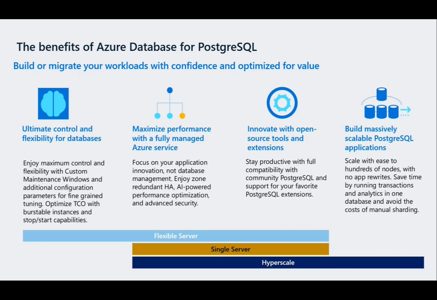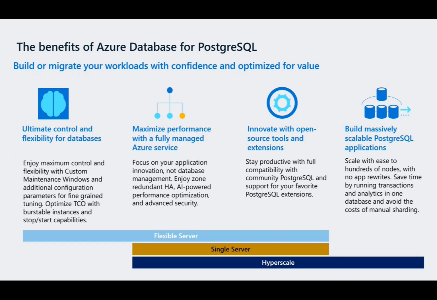You get a fully managed service with redundant HA, AI-powered performance optimization, and advanced Azure security. You get the open source engine, open source tools, and open source extensions that give you full compatibility with open source PostgreSQL, which gives you the ability to migrate between platforms if needed, and be completely compatible with the open source community PostgreSQL engine.